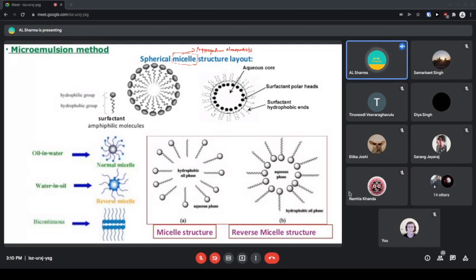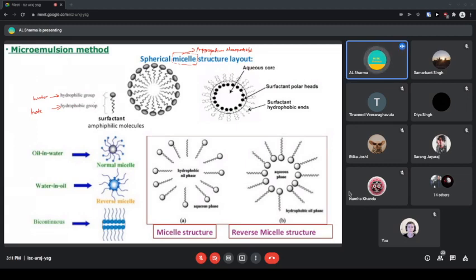What actually happens here is that these micelles have a head and a tail. It depends on which types of molecules you have, whether hydrophilic or hydrophobic. As its name suggests, if it is attracted towards the water, then it is said to be hydrophilic. And if it is repulsive in nature, or hating the water, then that material is said to be hydrophobic.